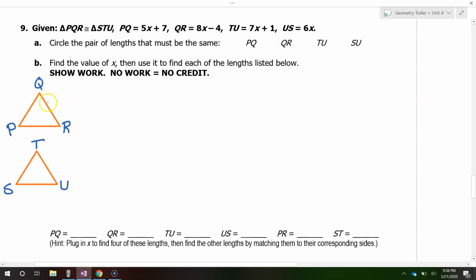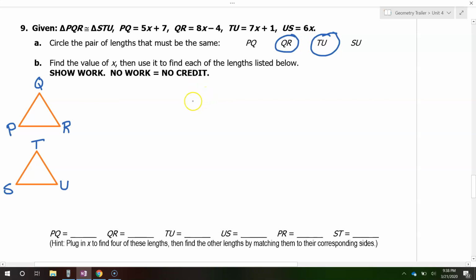I know that QR must be the same as TU. Okay, so QR must be the same as TU. All right, SU is the same as PR, but I only see SU, I don't see PR. So these are the two that must be the same.